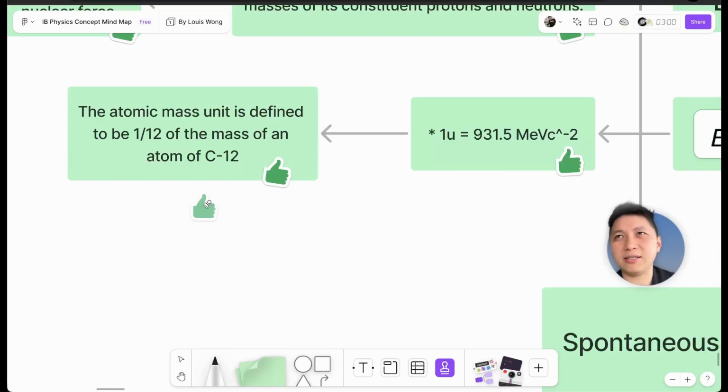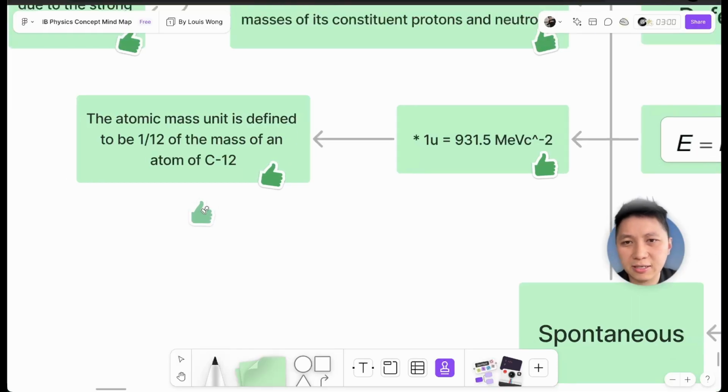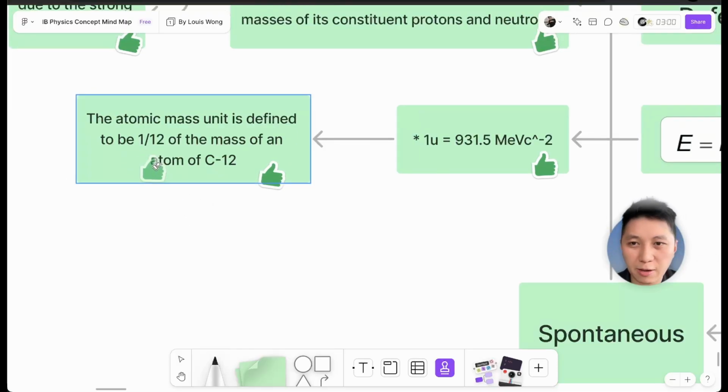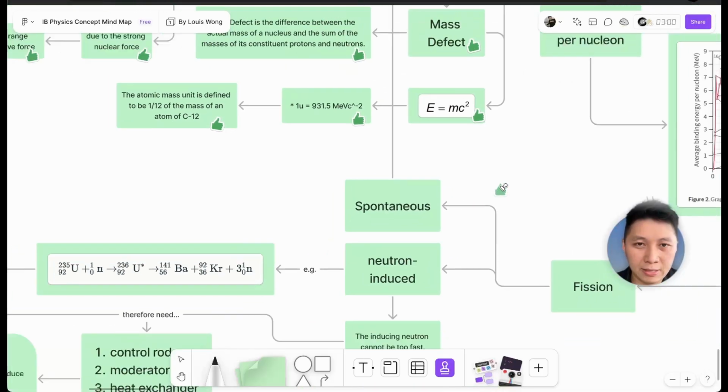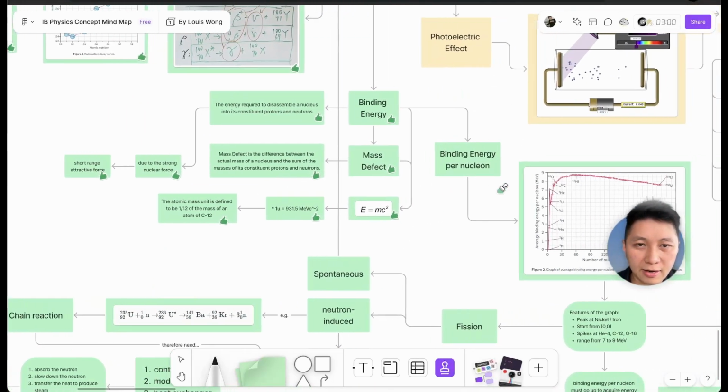So I guess the scientists took that as a way to define it. So 1/12 of it means kind of like the average of proton and neutron. Okay, and so that's the idea of binding energy.